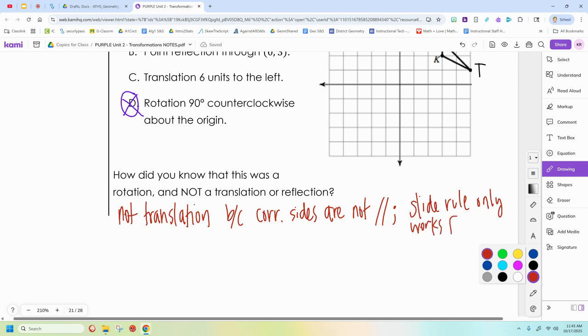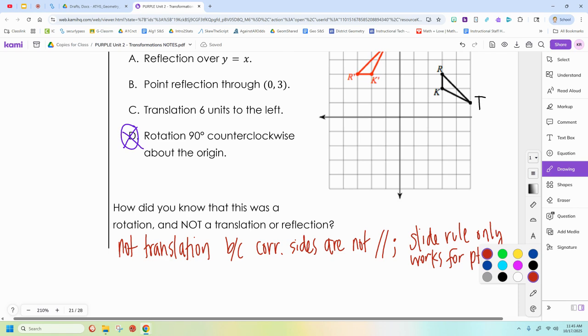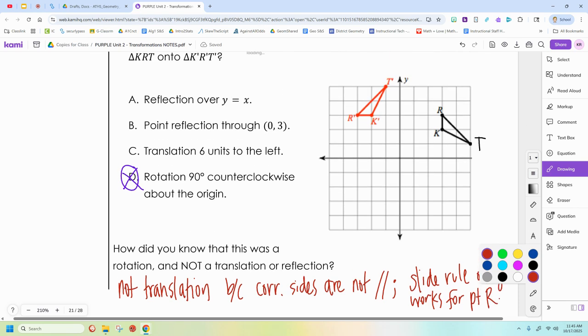I have a question. Yes. When you say corresponding sides, what do you mean by that? Oh, I love that you asked that. Here we go. I think this is something I did in the video, and I did not do it well enough to help us understand. If I look at this pre-image, I have side KR. It corresponds to side K prime R prime. In the video, I talked about lining up the letters, like K, R, T, K prime, R prime, T prime.